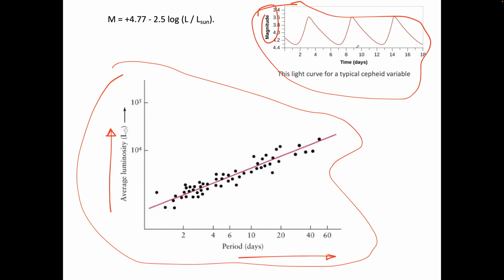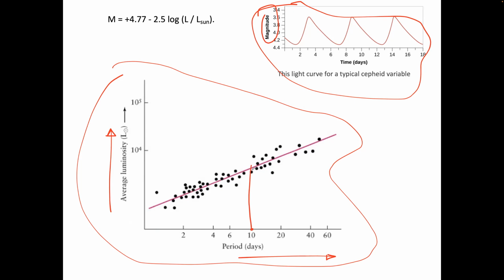If you can find a Cepheid star, a star that changes its brightness regularly, then you can measure its period, how many days it takes to reduce in brightness and come back to the same brightness again. If it's, let's say, 10 days, you can go to this graph and look at it: this particular Cepheid in that nebula has a period of 10 days. And what you can do is use this graph.